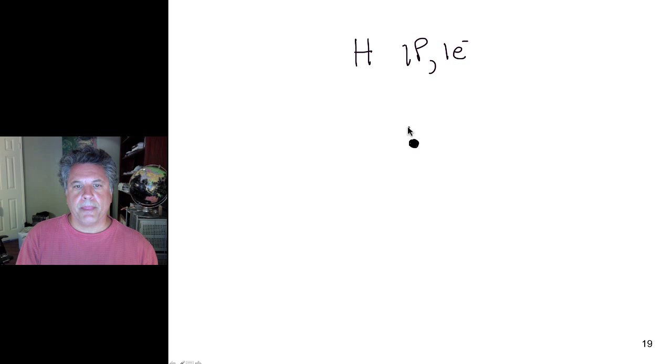We can say, well, at the first energy level, which has an s orbital in it, there is one electron present. So here's the nucleus with one proton, and in the first energy level, there is one electron in an s orbital. That is the electron configuration for hydrogen.